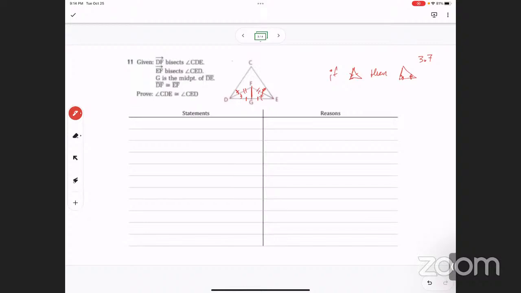And then what when you have side? Addition? Or no. So you're going to have side, right? When you say FG is congruent to FG, reflexive.